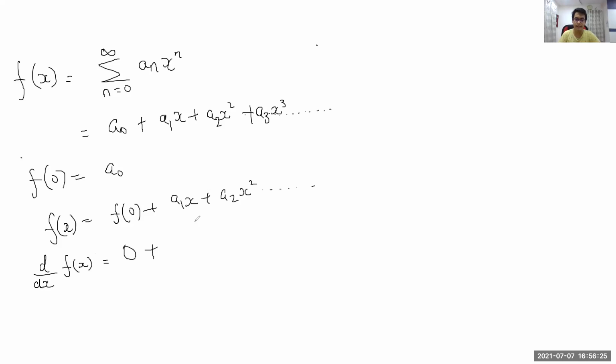So that's 0, and then a1 times the derivative of x, which is just 1 by the power rule. Let me write the power rule here. If you differentiate x to the n, you get n times x to the n minus 1. The power gets reduced by 1 and the exponent just comes down and gets multiplied. Similarly, you get 2a2 times x, plus the next one is going to be 3a3 times x squared, and you just go on in this manner.